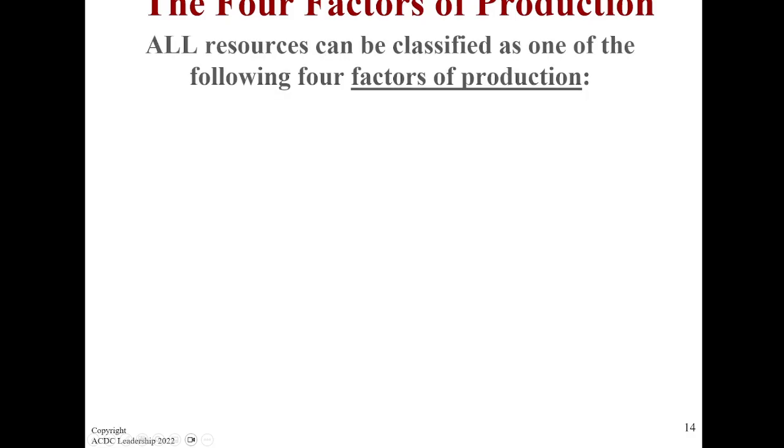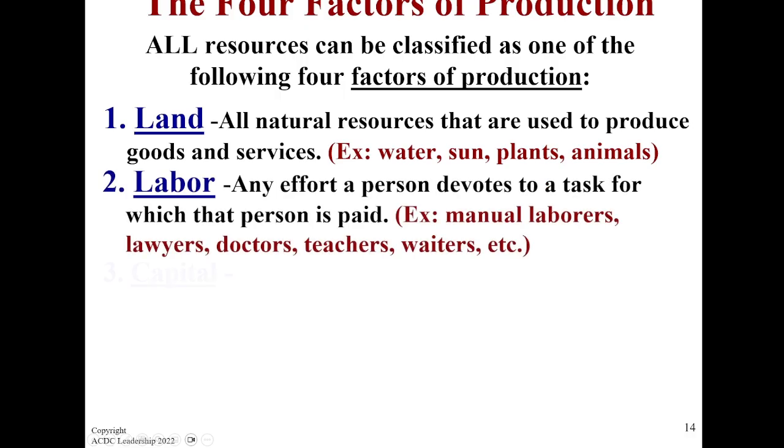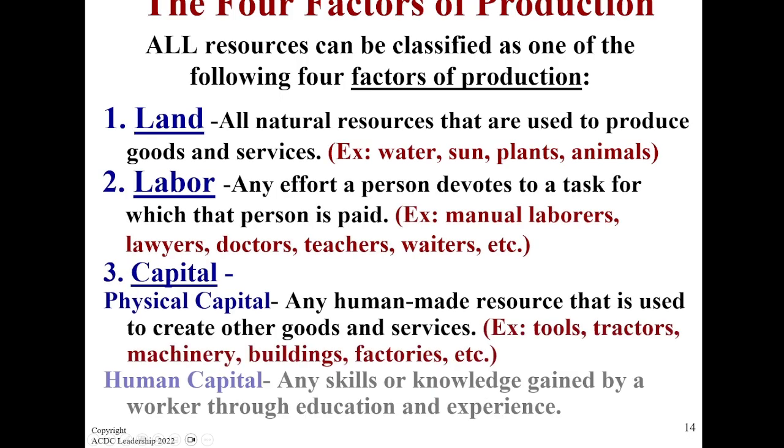So now let's go on to the 4 factors of production, right? So this will also show up later. All resources can be classified as one of the following 4 factors of production: land, labor, capital, and entrepreneurship. Essentially, land is all the natural resources.